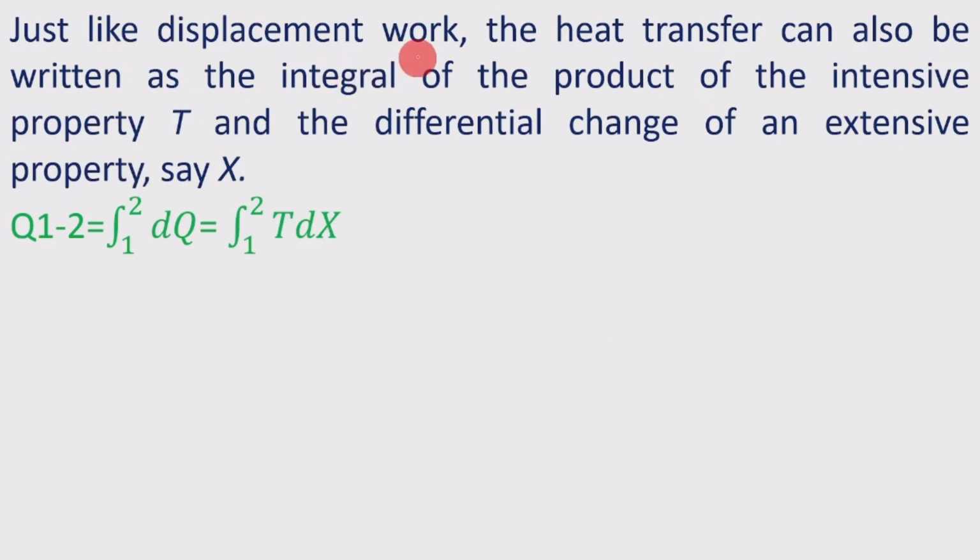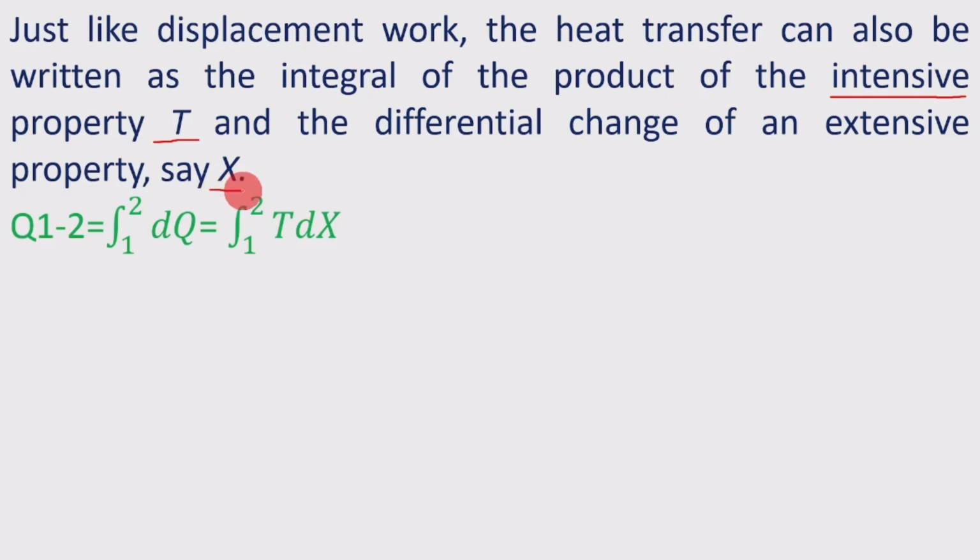Just like displacement work, the heat transfer can also be written as the integral of the product of the intensive property T and the differential change of an extensive property, say X. Intensive property means which is independent of the mass. The temperature is independent of the mass. And an extensive property is one which is dependent on the mass.